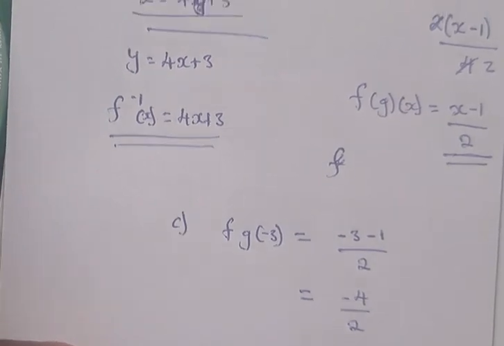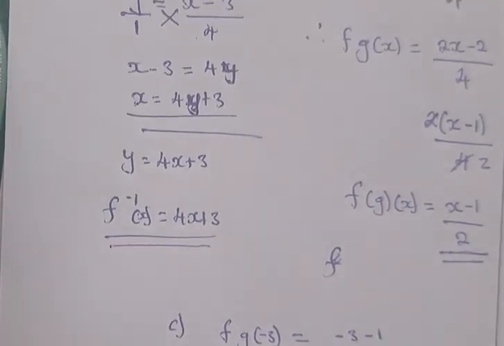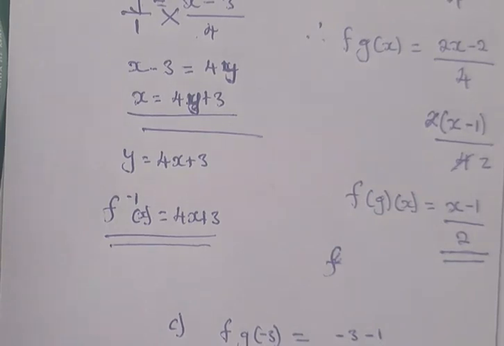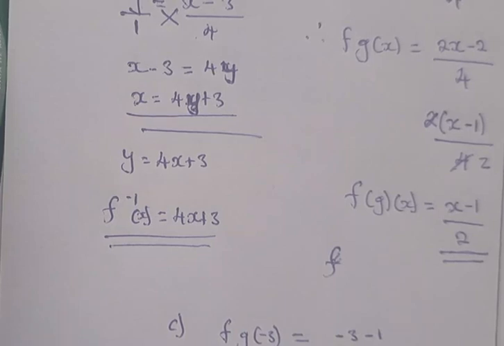So remember, for the inverse, you let the left side be equal to y, then you make x the subject of the formula. After that, you switch places between x and y, then you bring back the function f of x. And for the composite function, remember, the one that is next is the one that is used in the function which is first.